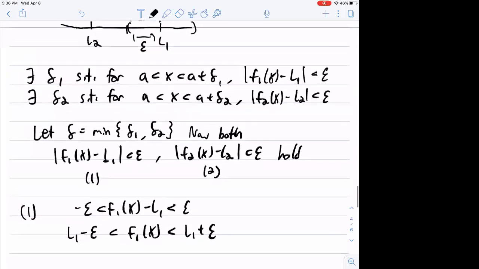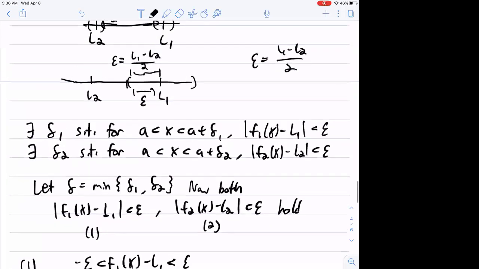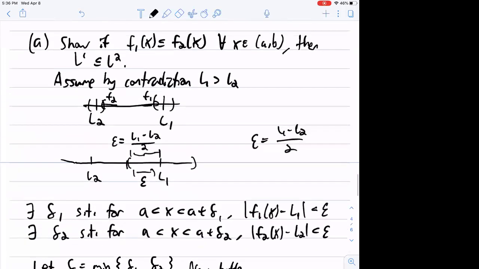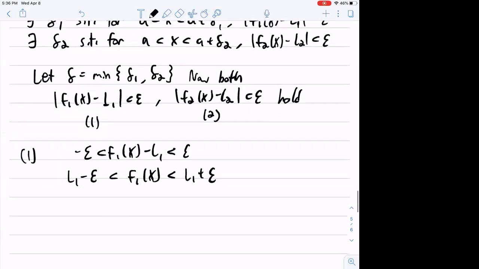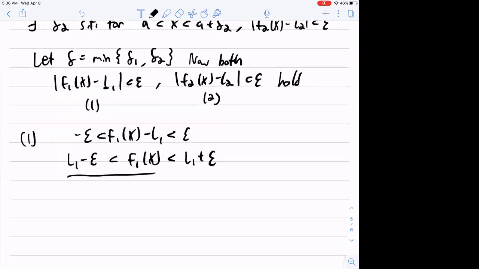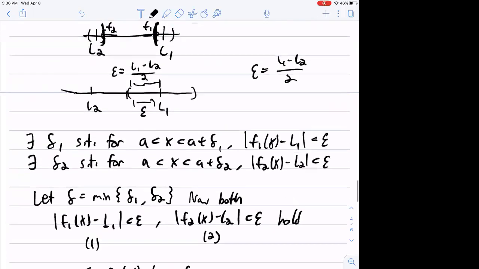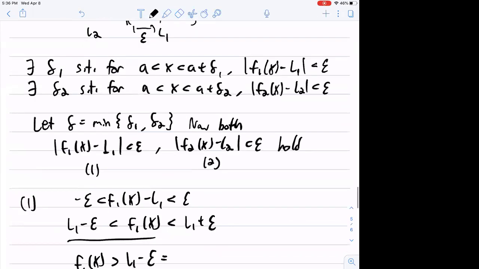So which one do I want? From the picture I drew, I want this side for f1, and for f2, I want the other side. Since I'm working with f1, I want this part, right? So here I have f1 of x is bigger than L1 minus epsilon. Now, what is this? Epsilon was (L1 minus L2) over 2, right?